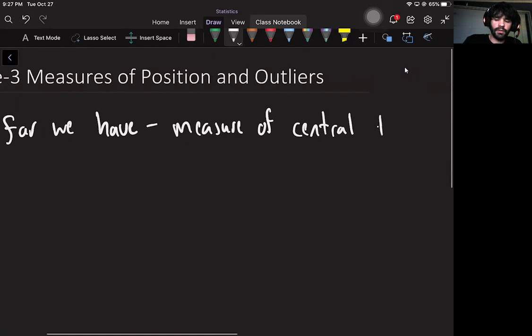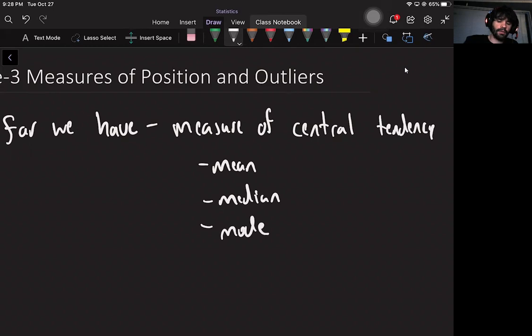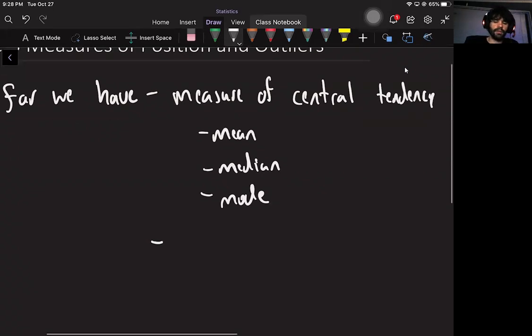That was the first lecture. So, various numbers that act like the middle of some data. There's the mean and the median, and the mode sort of fits in here, not as well as the others. And then there's the measures of spread.